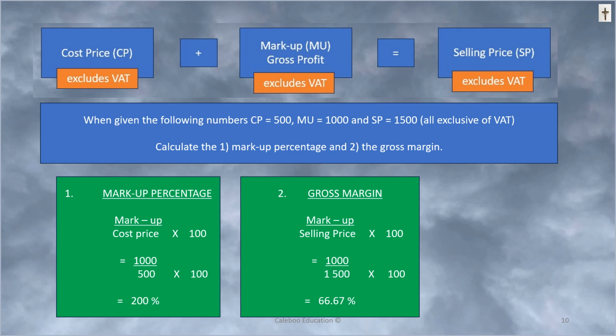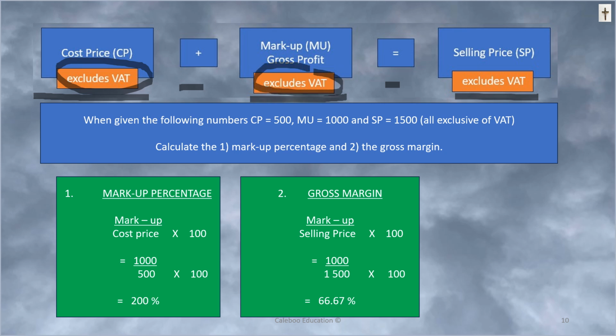I'm just going to summarize with this example, but before I do that, I just want to go through this again as it's so important. Cost price plus the markup or gross profit is equal to selling price. These numbers that we use here to do calculations exclude VAT.